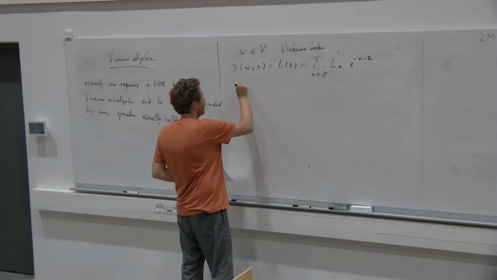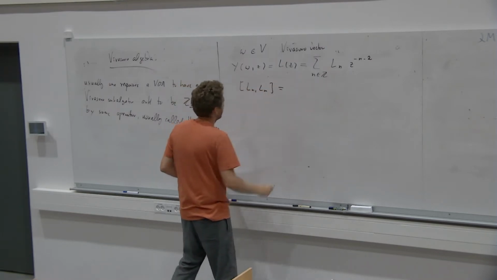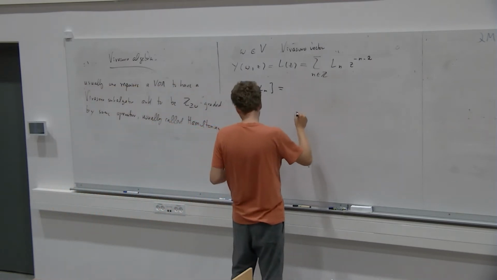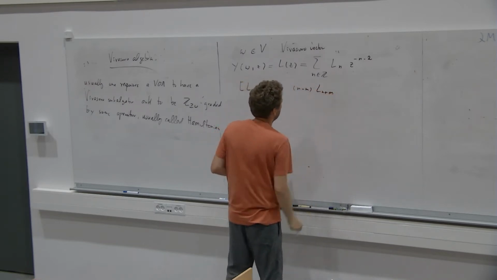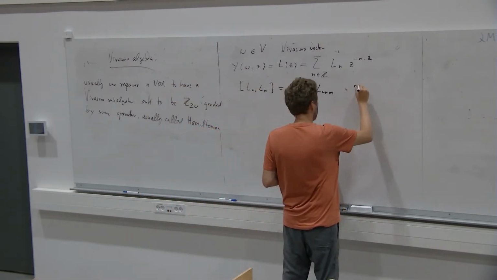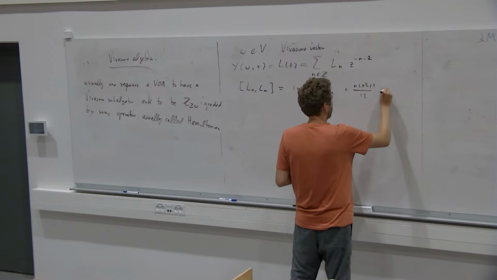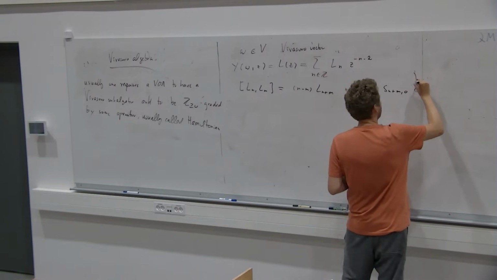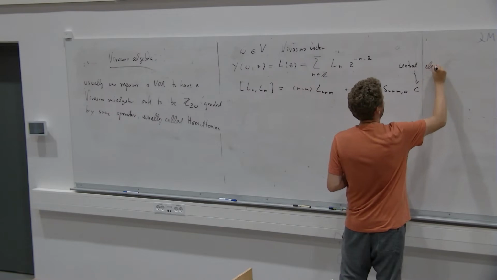So the Virasoro Lie algebra is the Lie algebra generated by Ln, n running over the integers, together with a central element. The commutator is (n minus m) times L(n plus m), and then the central element. So here this is a central element, very much like the k in the affine case.